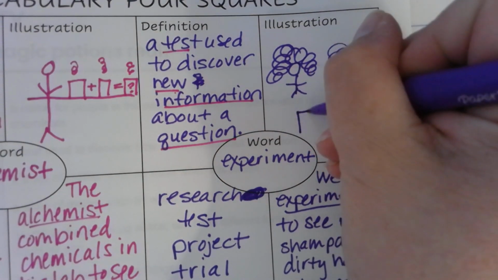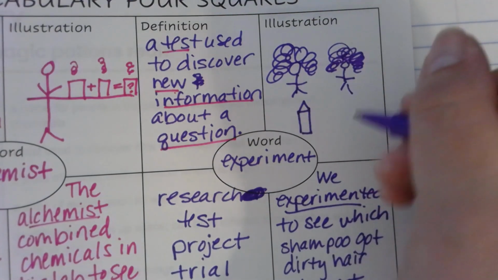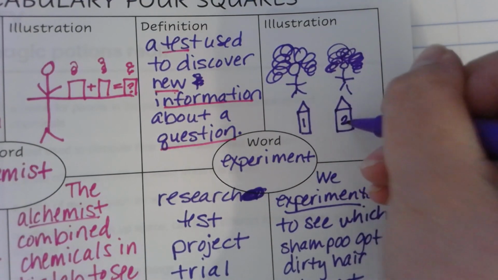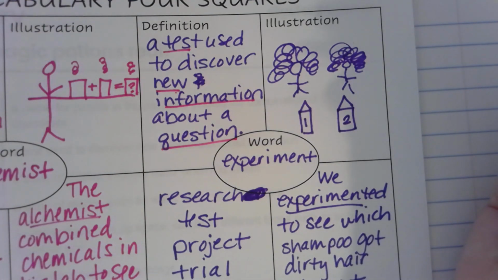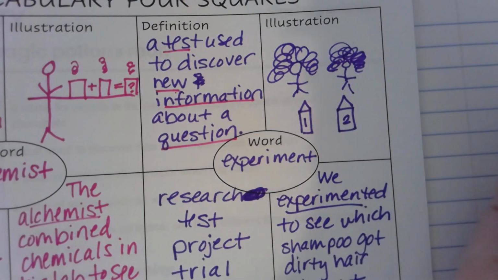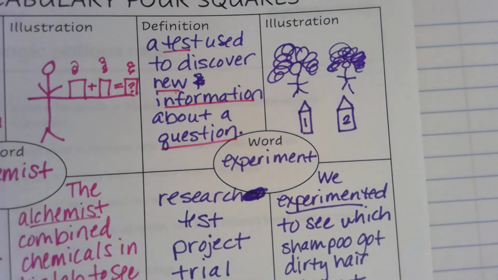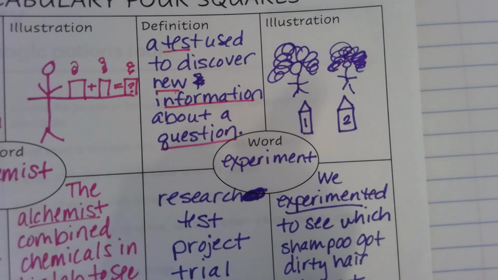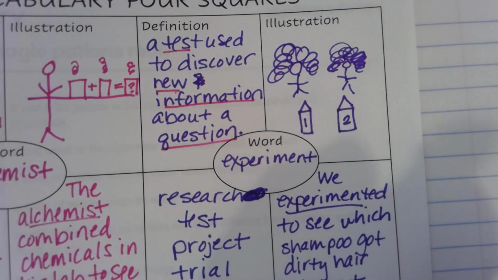And then I'm going to do shampoo 1. And this is shampoo 2. I'm going to put a hamburger 1 and hamburger 2. All right, so whatever yours is going to look like, hopefully by reading my sentence you might realize that these are shampoo bottles. But that will give you an idea, okay, of what we're looking for.